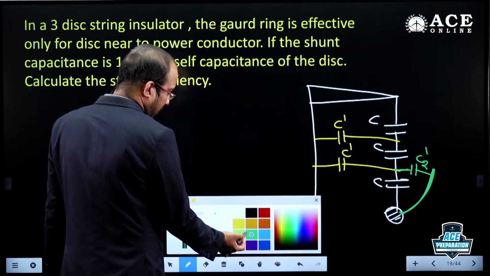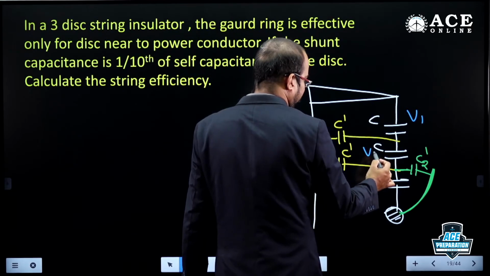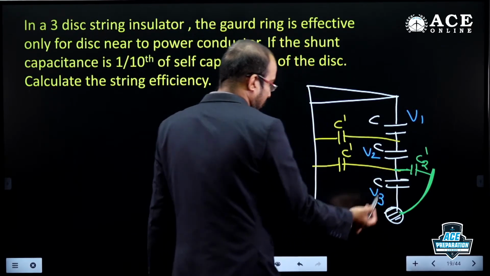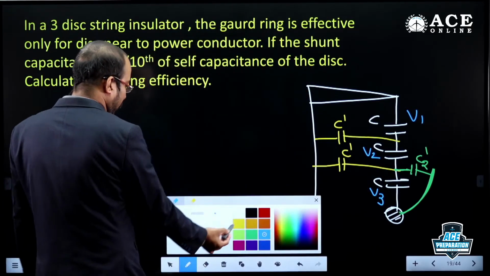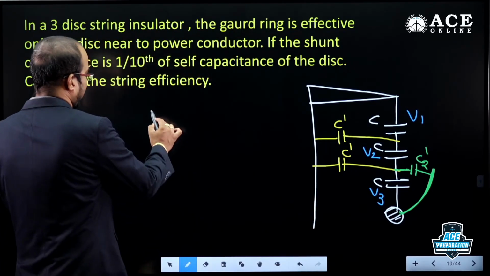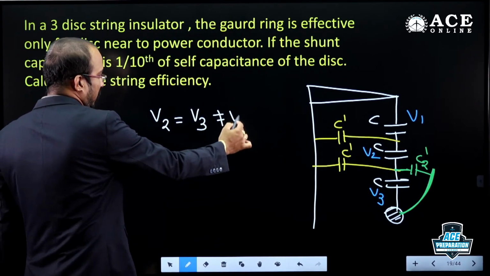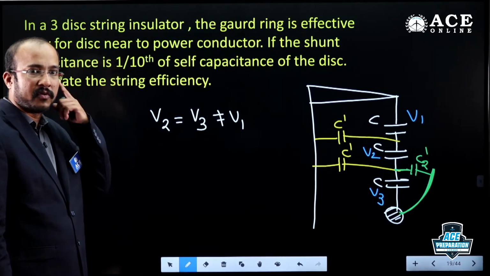Now here the voltages, let them be V1, V2 and V3. As the guard ring is effective for the bottommost insulator disc, can we write like this? V2 is equal to V3 but not equal to V1.